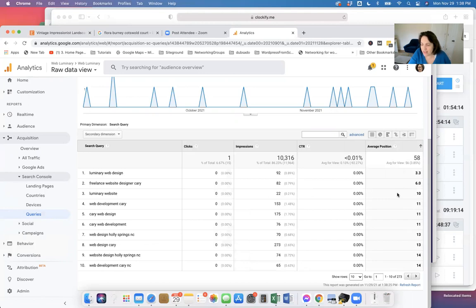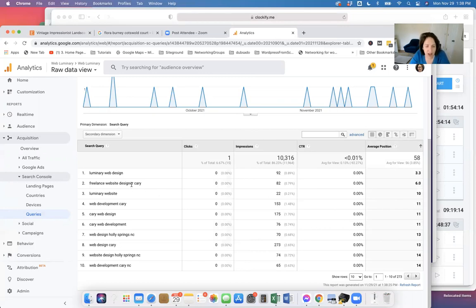And again, proximity, like how close people's computers are when they type in search terms, affects my ranking. So for example, I live in Cary, and if you live in Apex, but you live in North Apex, I might actually get found in your search results if you type in website design.